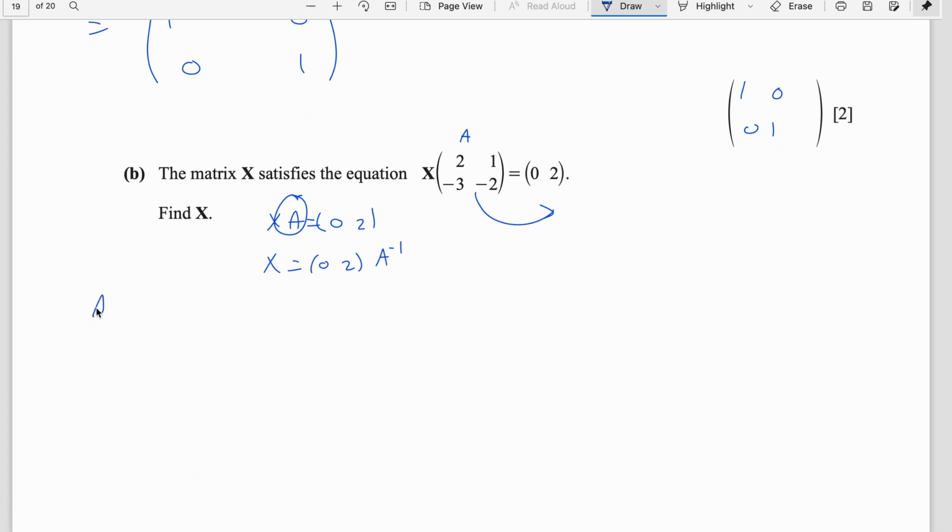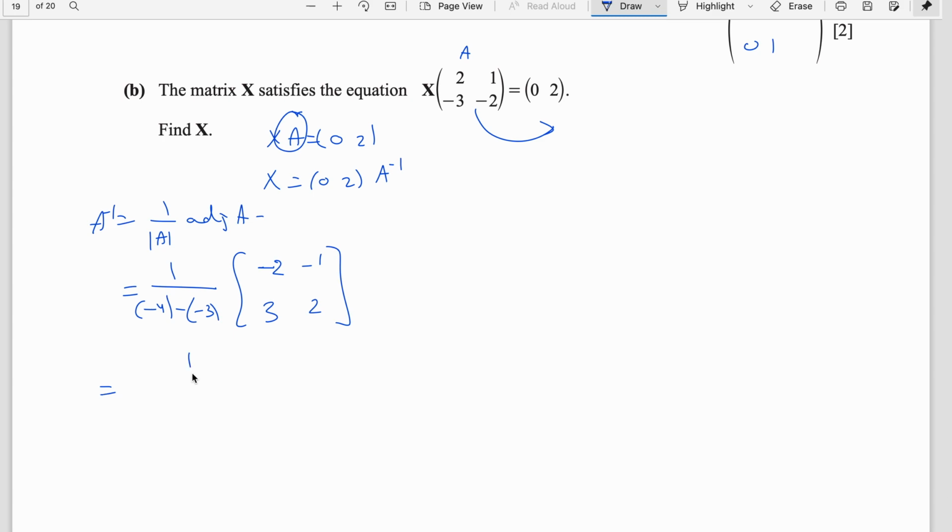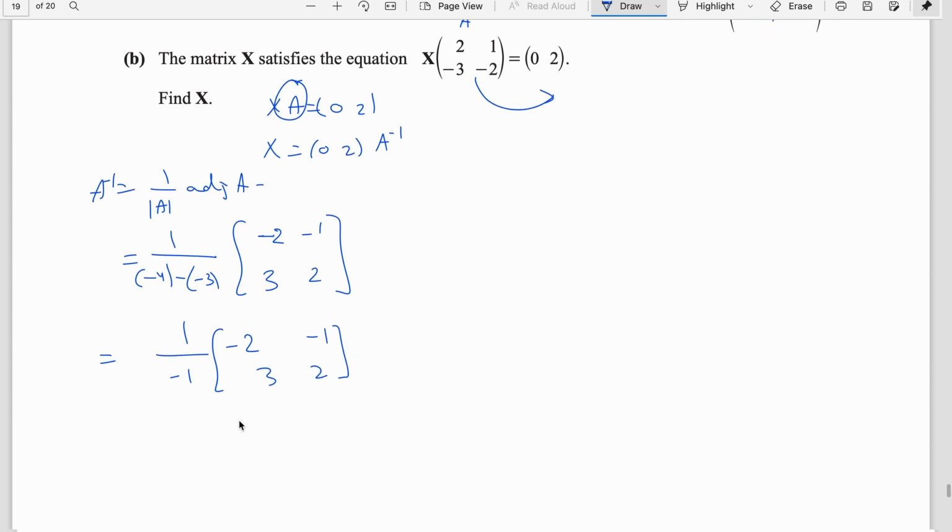When you take it to the other side, this stays on the right of the given matrix. So going for A inverse is 1 over determinant of A into adjoint of A. So 1 over determinant: 2 into minus 2 minus 1 into minus 3, into adjoint, place change and sign change. So this is minus 1, minus 2, minus 1, 3, 2.